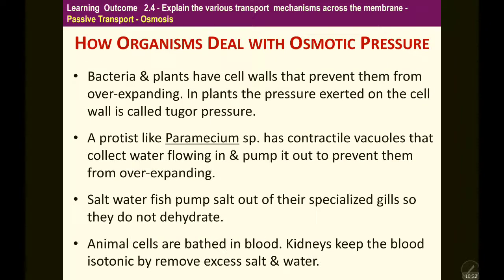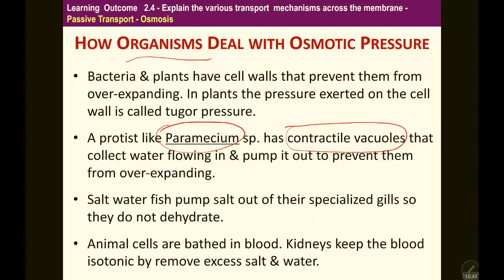Here they explain some of the organisms which deal with osmotic pressure. For example, Paramecium: to balance the solution, they have special organelles called contractile vacuoles.